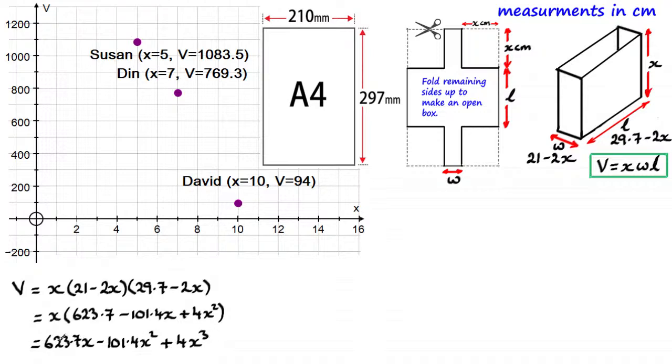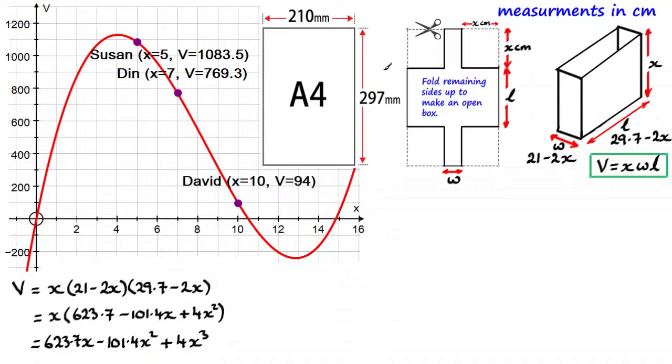Now if I graph the volume against the varying size x that we cut the squares out of, then the graph will look like this. It's a cubic graph, so we would expect this kind of shape. It comes up here, down here, into the negative part below the x-axis, and up through here.